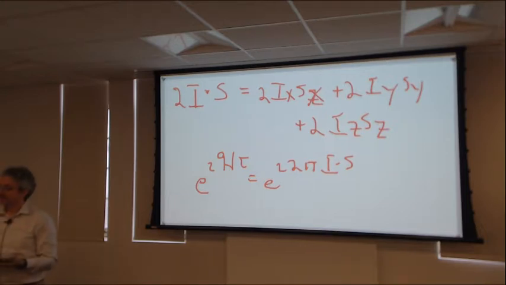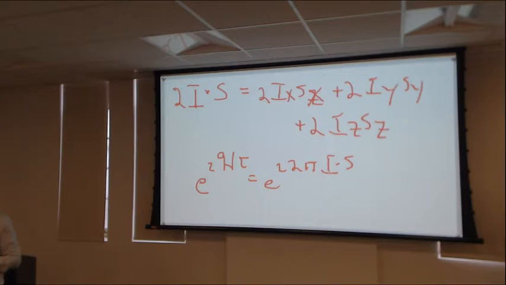Looks pretty complicated, but for two spins, we're lucky because it turns out, which you can work out, that IxSx, IySy, and IzSz all commute with each other. And if they commute, the exponential of the sum turns into the product of the exponentials of the individual terms.